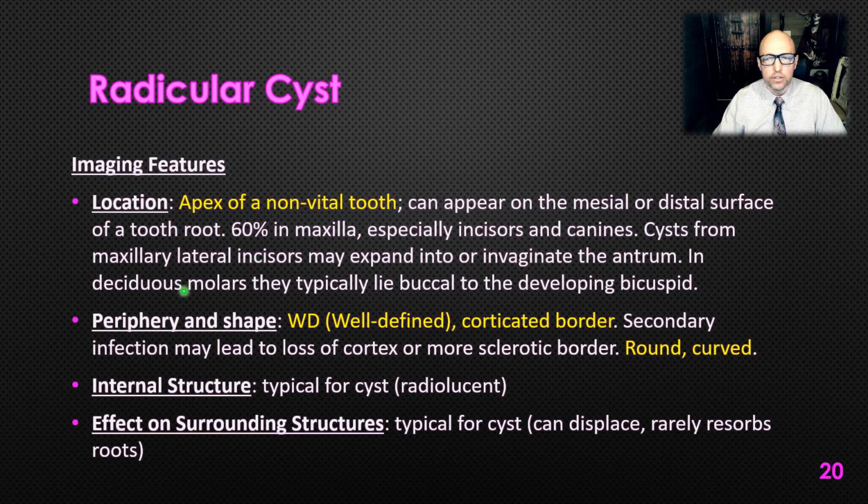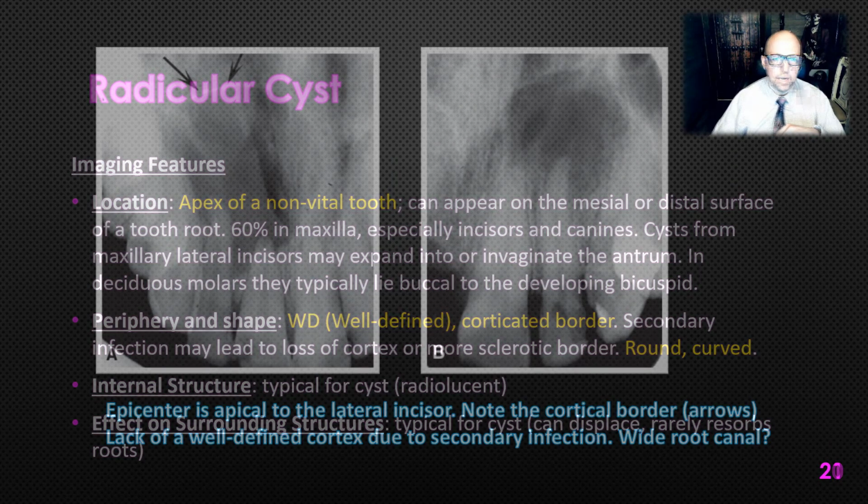Once it gets to a certain size, there's no black and white cutoff, but abscesses and granulomas tend to be limited to a certain size. If an abscess grows, it usually forms that sinus tract, and then it relieves the pressure in itself. But a cyst continues to grow. So I would say if it's more than around a centimeter enlarged, if it has a very sharp corticated border, a very crisply defined corticated border, and it's very round in shape, all those things are signs that it might be a cyst.